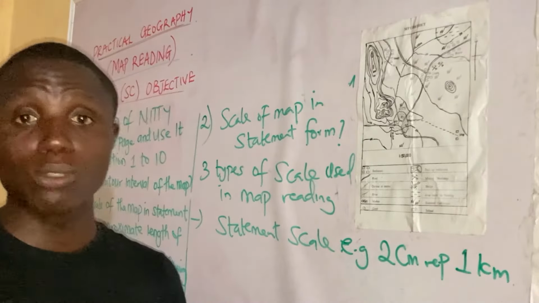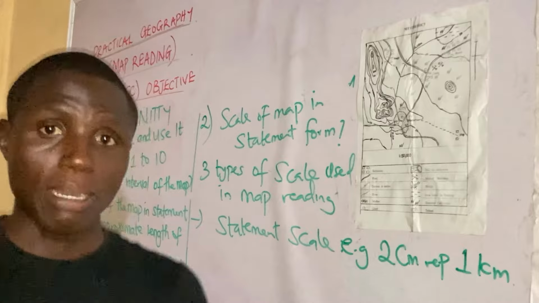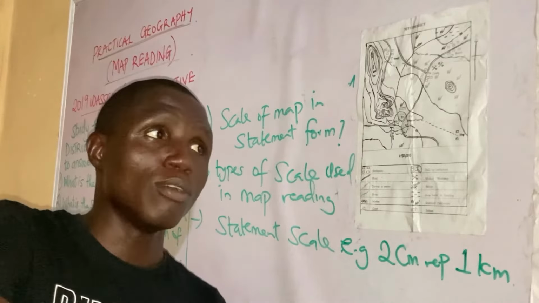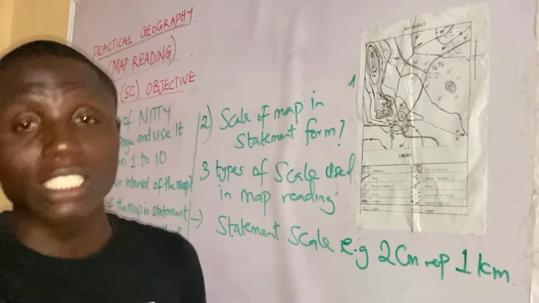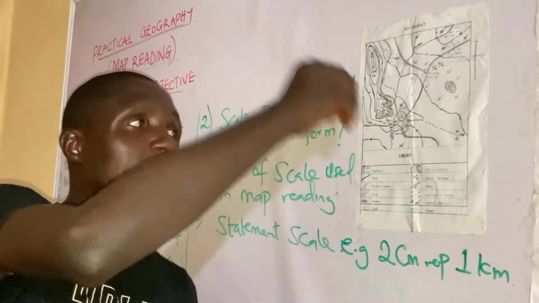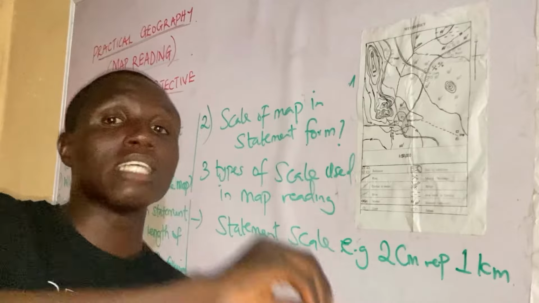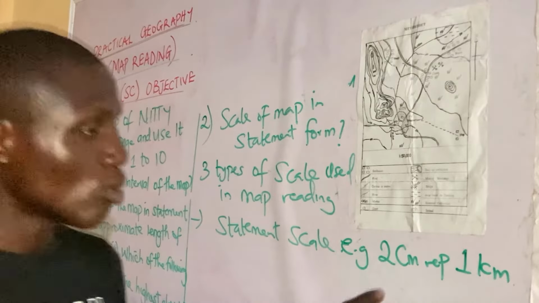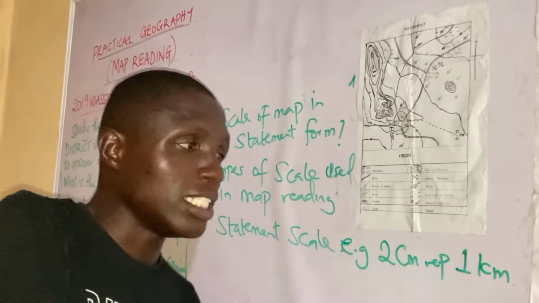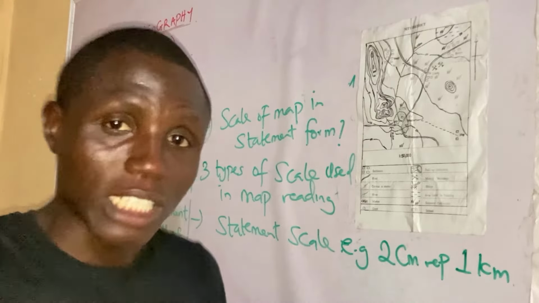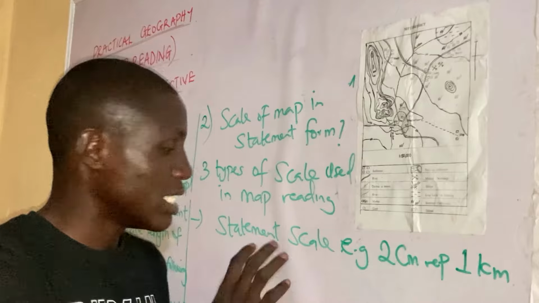So this is a statement scale. By the way, scale shows the relationship between the distance on the map and the distance on the ground. So what distance on the map represents a particular distance on the ground? This one is saying that for every 2 centimeters you measure on the map, it represents 1 kilometer on the ground.